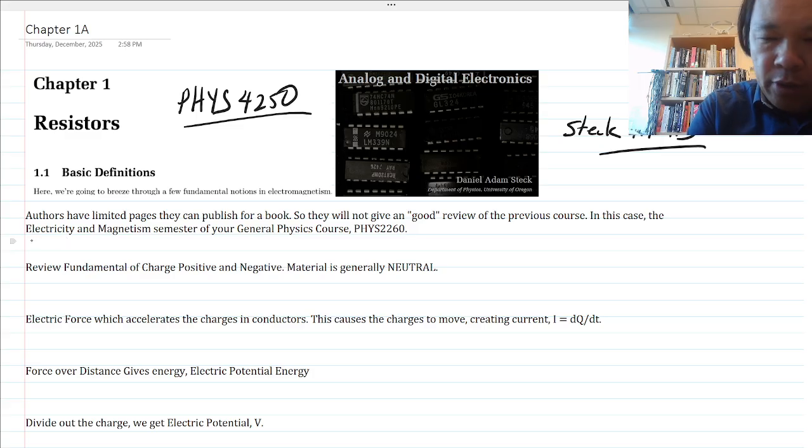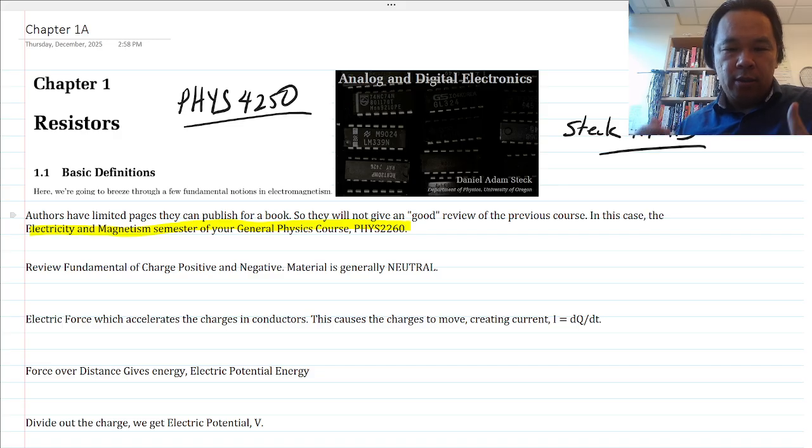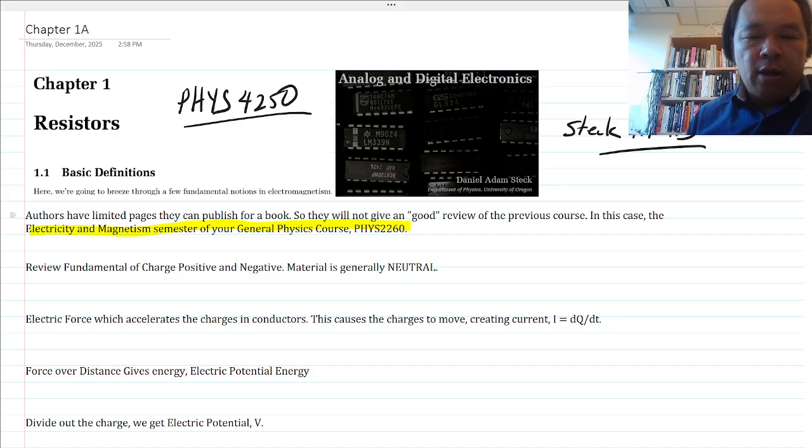For example, for a Stan State student, that would have been from your Physics 2260 class, the second semester general physics, which covers this in much more detail. The expectation is that you took that class, and this is the next level after you finish your general physics course.